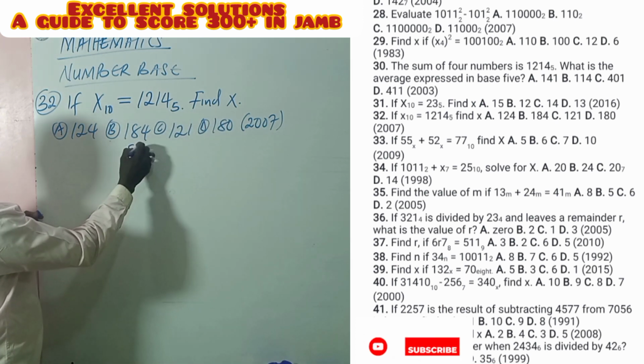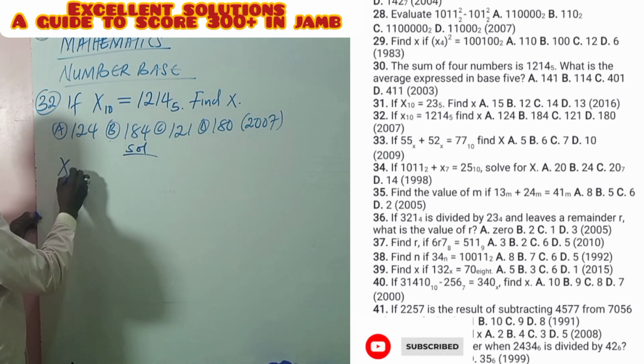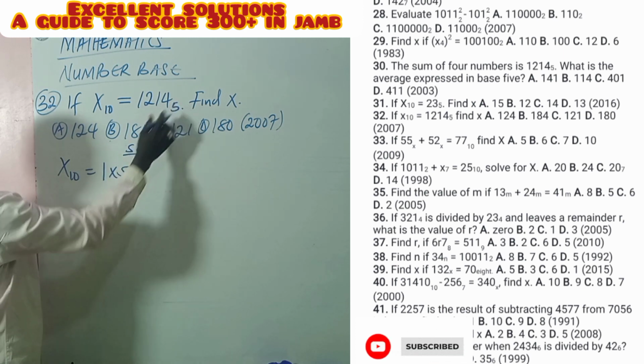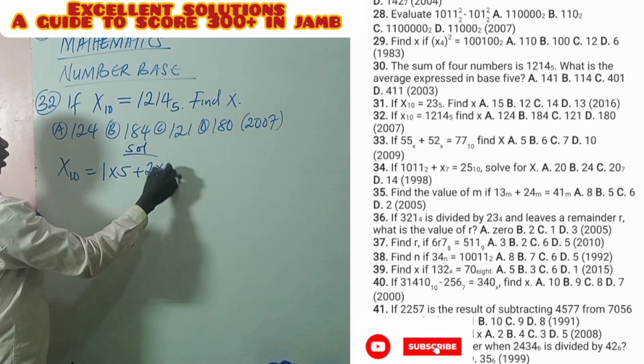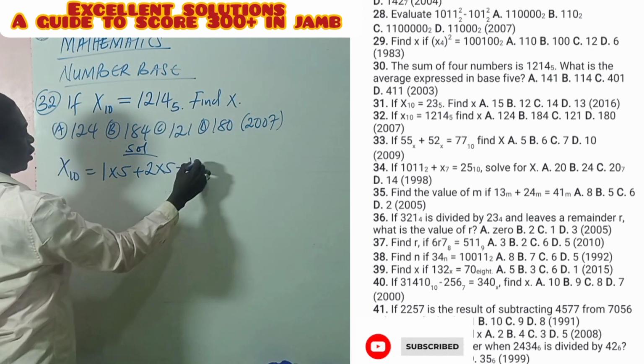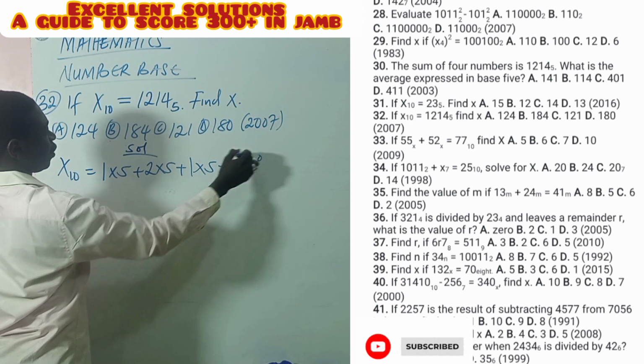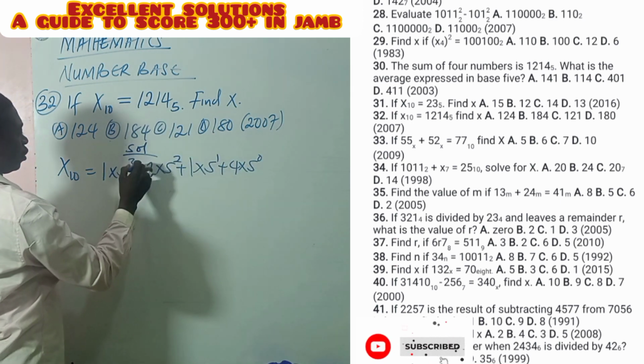So here we have x base 10 equals 1 times 5, since the base is 5, plus 2 times 5 plus 1 times 5 plus 4 times 5. We give this power 0, 1, 2, 3.